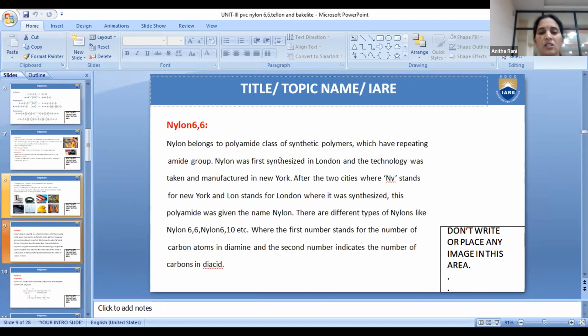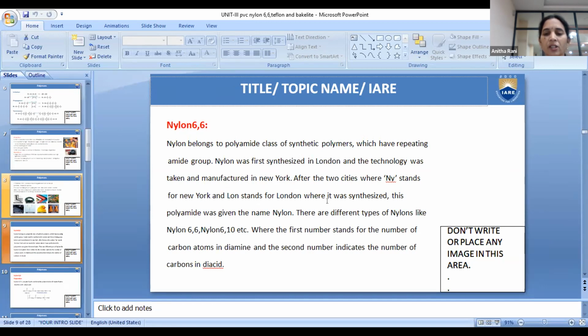This nylon was synthesized in London, and the technology was taken and it was manufactured in New York. First it was synthesized in London, but later on manufactured in New York. So the name comes from the two cities: NY stands for New York and LON stands for London.